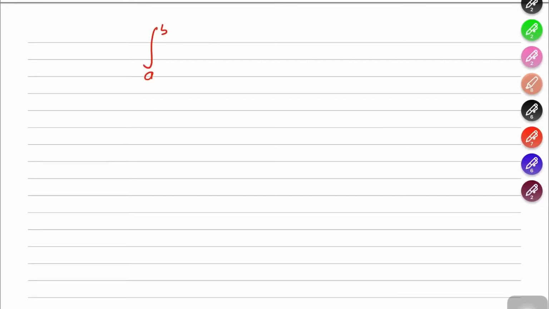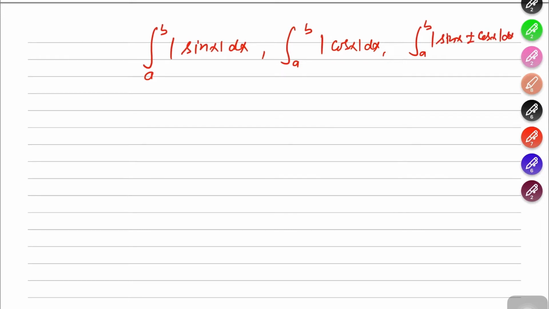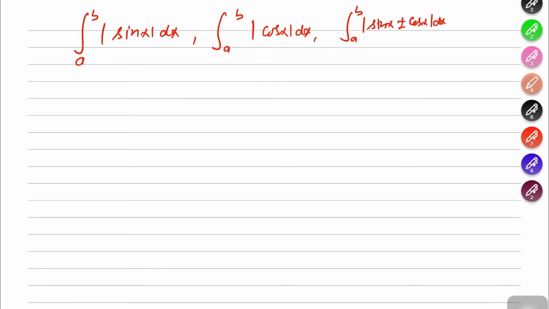See the trick and concept to integrate, let's say, integral from a to b of mod sin x dx, mod cos x dx, and mod of sin x plus or minus cos x dx. So there is one trick.